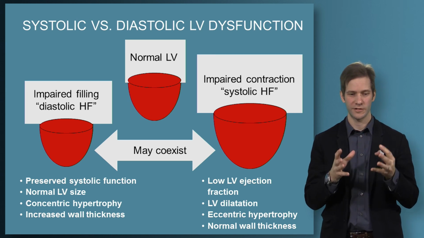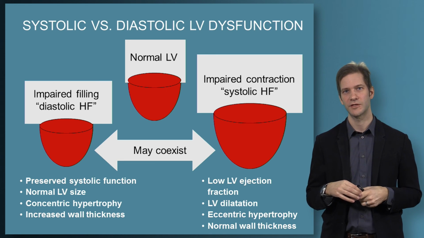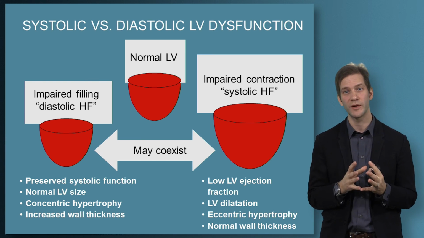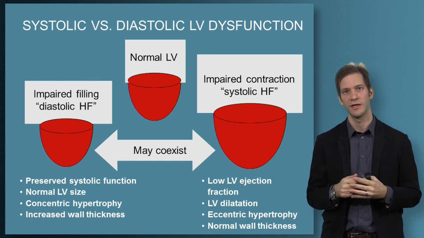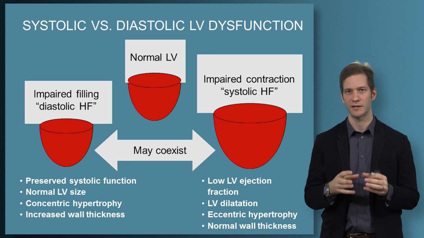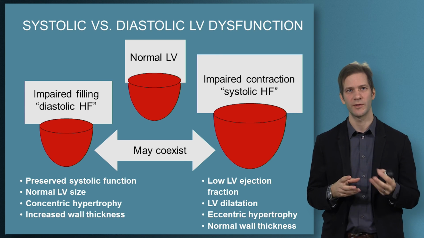If we think of the heart as a half sphere or teacup model, as I like to call it, we can see that in patients with systolic heart failure, where the main problem is the heart is too weak, it's not contracting very well, these patients typically have hearts that are characterized by a low ejection fraction, the left ventricle is dilated and eccentrically hypertrophied, the wall thickness may be normal.